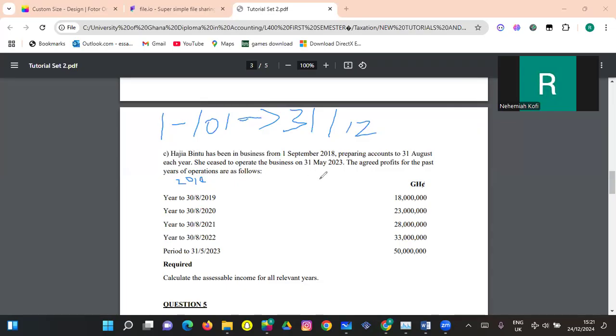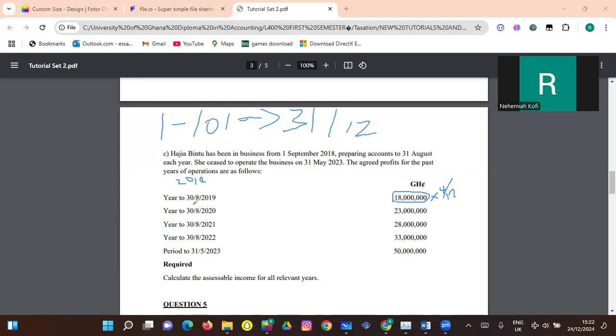So if we want to know the amount of revenue in the year 2018, we are going to multiply this particular revenue times 4/12, because that's the number of months they worked here.